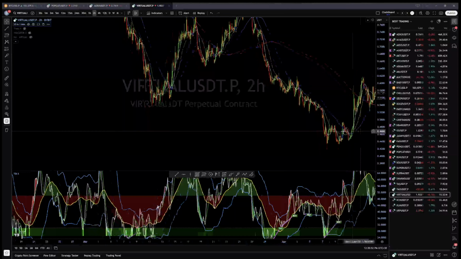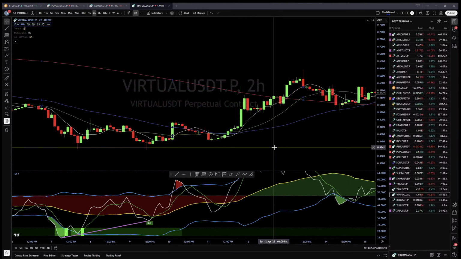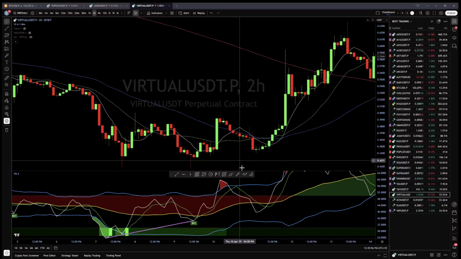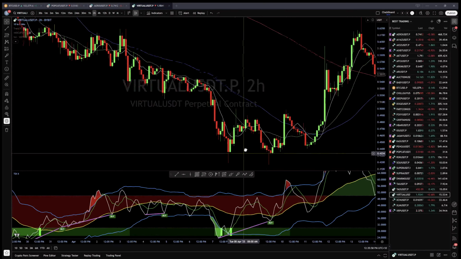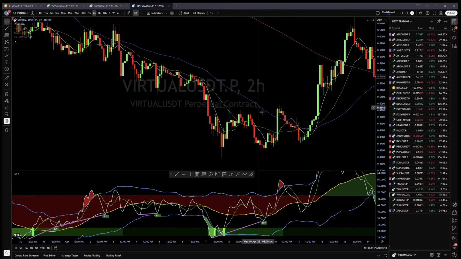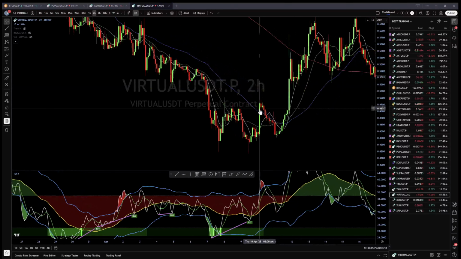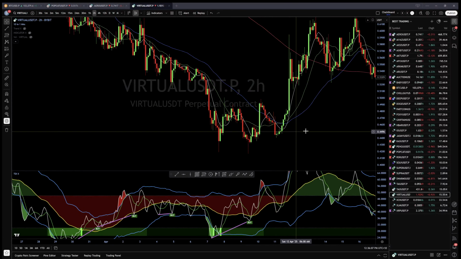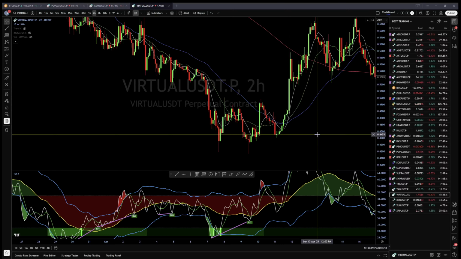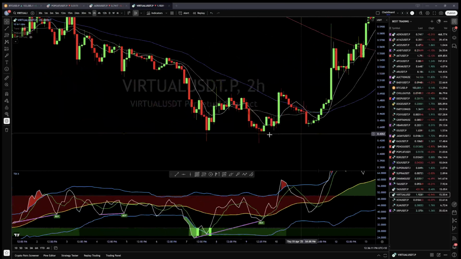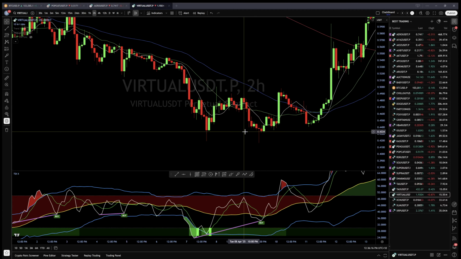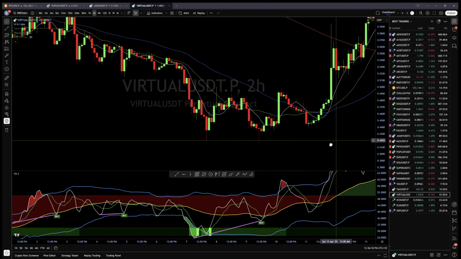Now this isn't the best example, but in some cases, it's really important what this 50 is doing. You'll have a little pump, but it won't hold above one of the moving averages, and it comes down. But you want to watch for other things, like okay, there's a dragonfly doji. You got a double bottom, really a triple bottom.